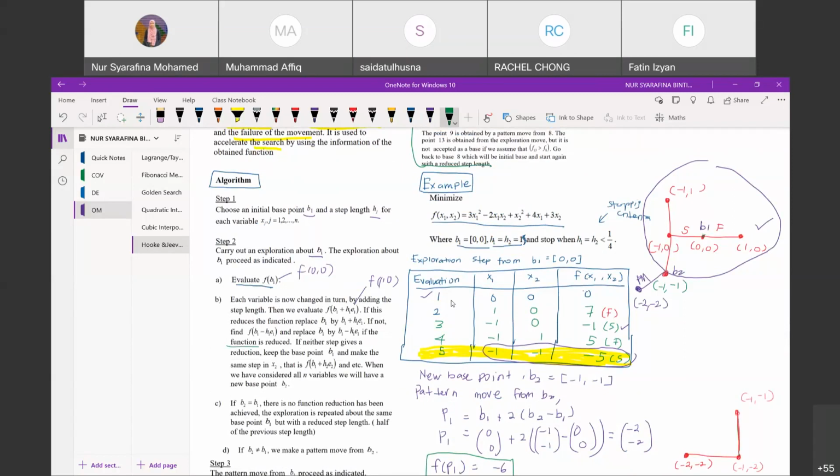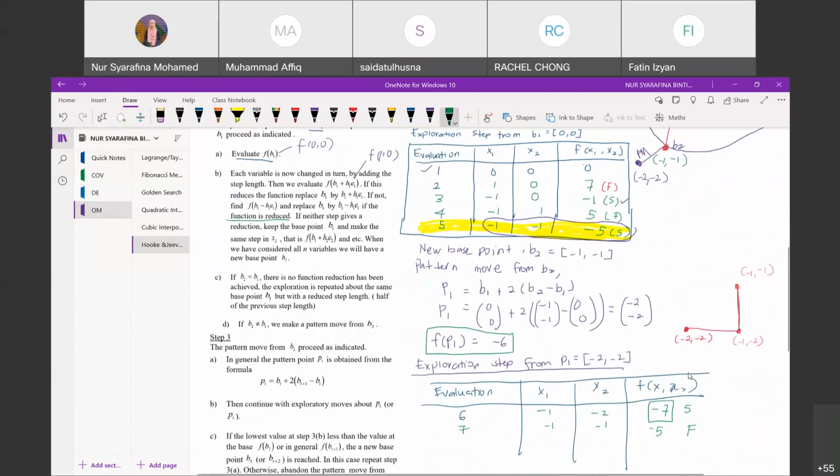If the function is reduced, it is a success. Now, this is a failure, so we should move again downside. What is our next exploration point here?